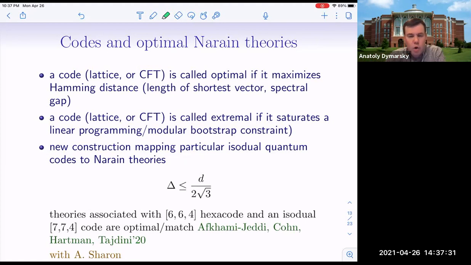And among the code CFTs which you obtain this way, there will be theories which, in dimensions 6 and 7, maximize the spectral gap. So the story of maximizing the spectral gap for a given central charge goes in parallel with the story of trying to maximize the density of sphere packing.